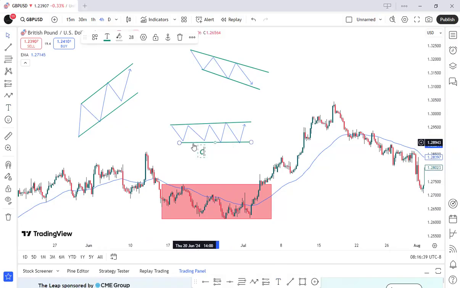This is a consolidation market, and this is a bullish market. This is a bullish market, and this is a bearish market.